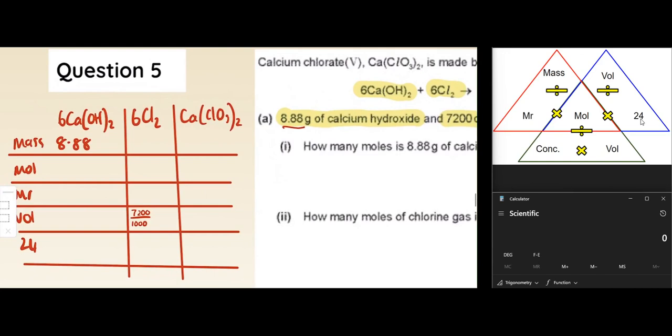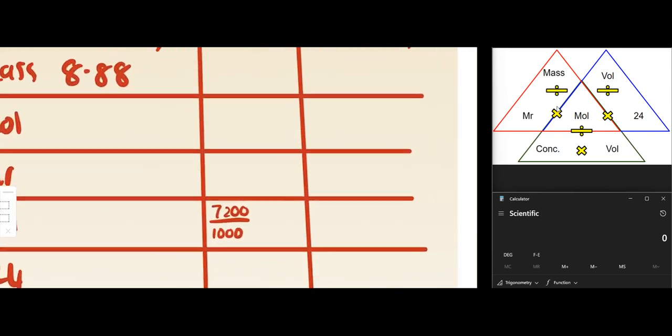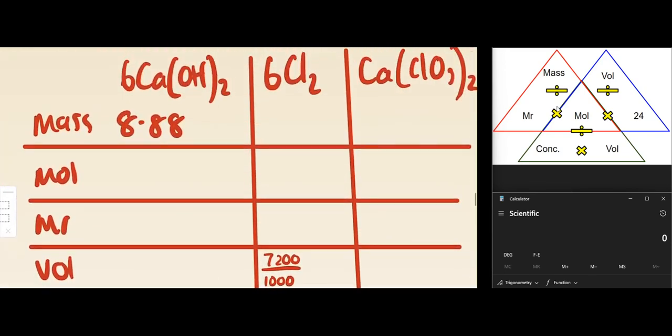So the first one is how many moles of calcium hydroxide do we have? So we're here in this mass, moles, MR triangle. So we need to work out the MR of calcium hydroxide. The MR of calcium hydroxide is 40 added to 2 hydroxides. Hydroxide is really easy to work out. It's just 16 plus 1, which is 17. And we've got 2 of them. Let's do that in our calculator.